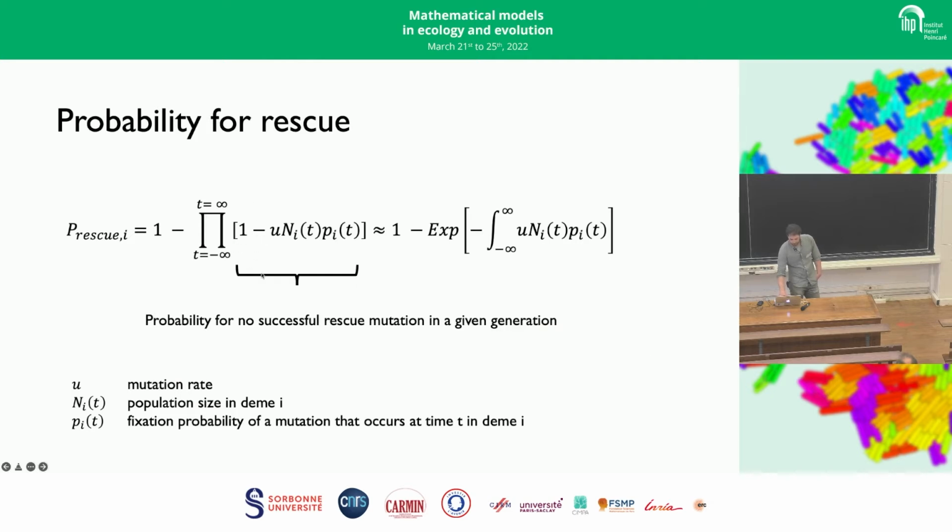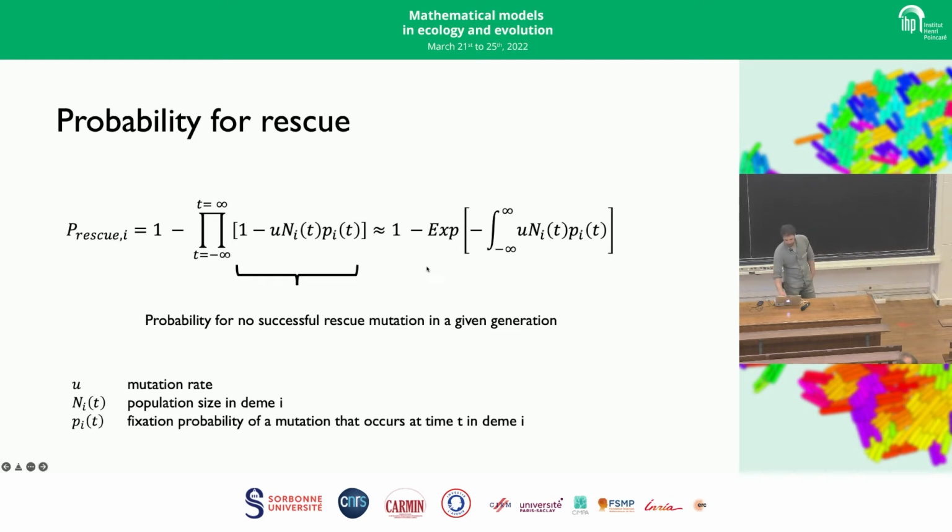Here we have just the probability of no rescue, no successful rescue mutation in a given generation, in a given deme. So N_i is the population size, U is the mutation rate. For a small mutation rate, U times N can be seen as the probability of a rescue mutation occurring in this generation. And then pi of t is just the probability that this mutation actually manages to spread, in this case, avoiding stochastic loss early on.